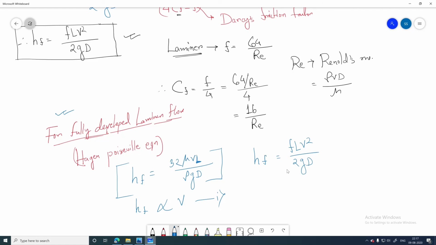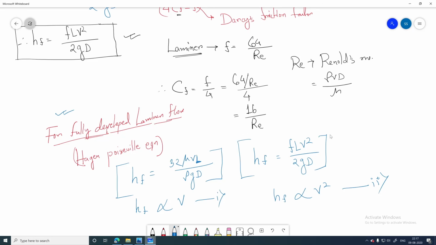So as per this equation, the HF, that means the head loss, is directly proportional to V square. So now the question is, which equation should we consider at the time of fully developed laminar flow?